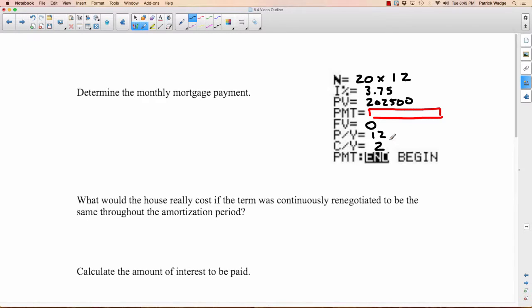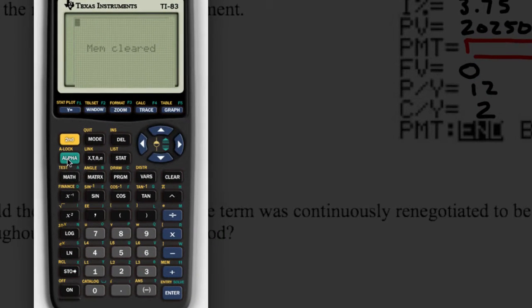So now we're going to pull out our TI-83 or whatever, and we're going to figure out what the answer is. Okay, here we go. So remember how to get to here. We go second, finance. Here we go, number 1. And I'll start using the calculator. So I can actually put 20 times 12 in here if I don't know what 20 times 12 is. There you go, and once I move down you'll see that it actually calculates there.